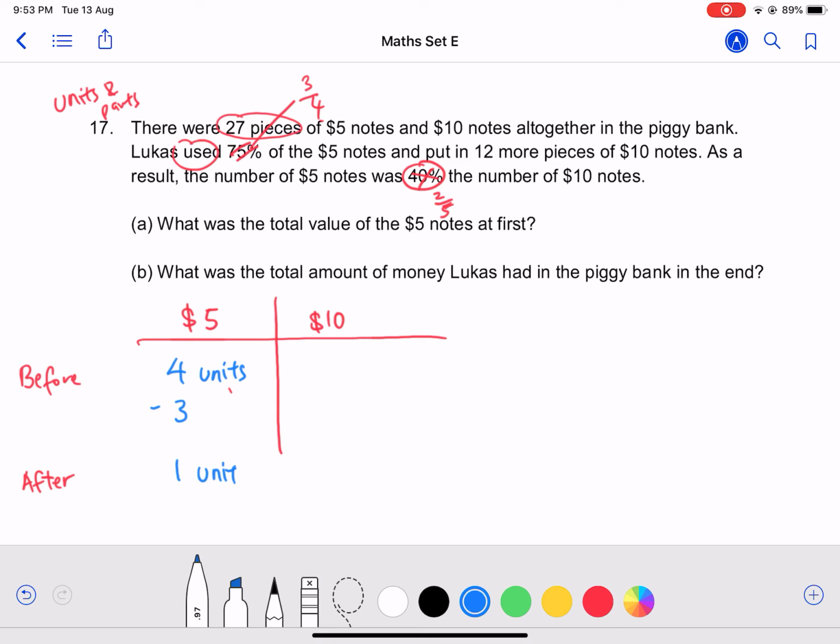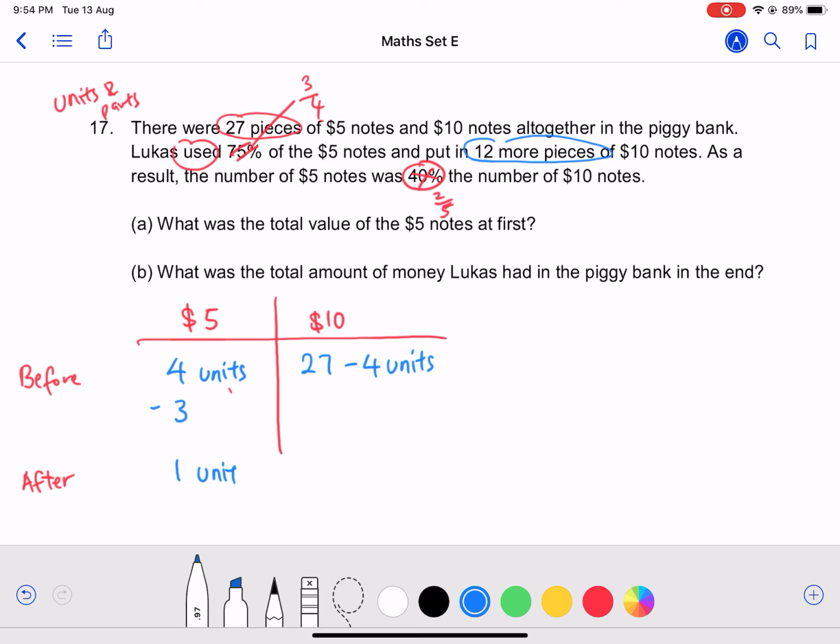Right now, here you put in 12 more, but there's a problem. I don't know how many units this is for $10. Just for the purpose of putting in the table, I know there were a total of 27 at the start, 27 as a whole number. Obviously 4 units are $5 notes, so that leaves you with the rest as $10 notes.